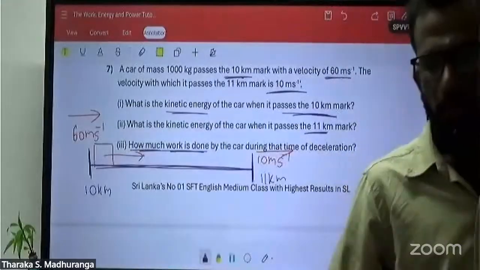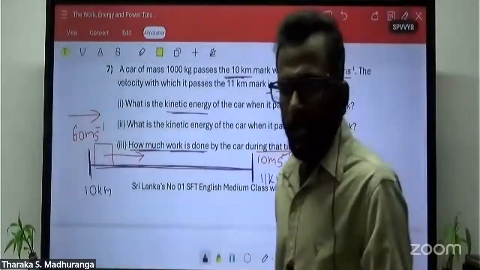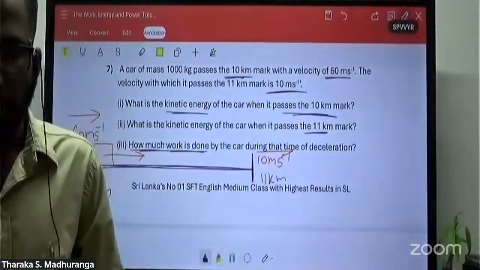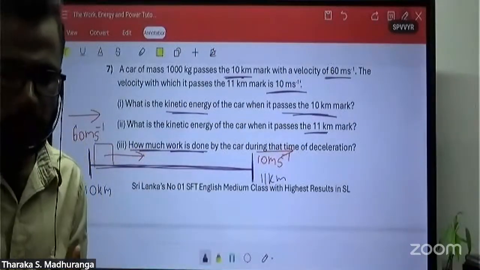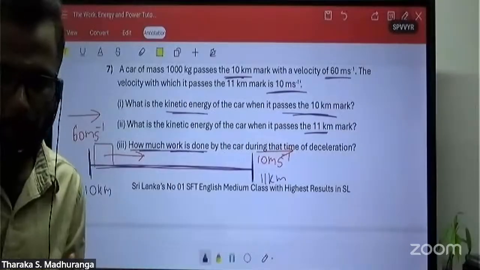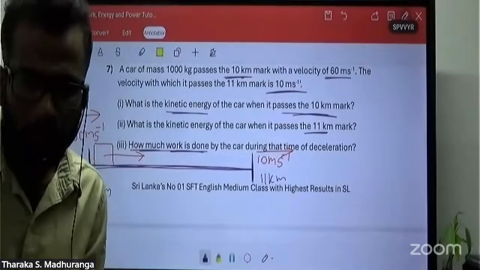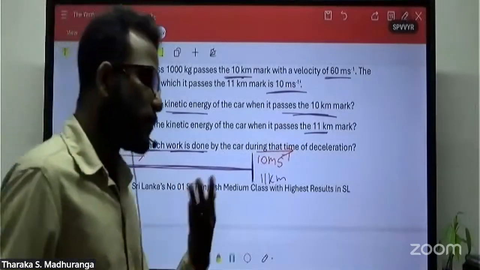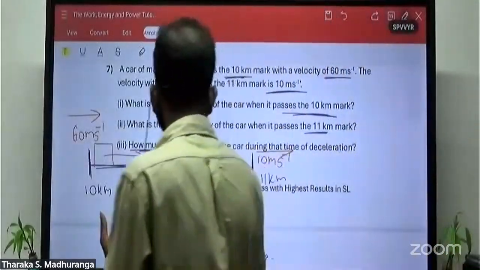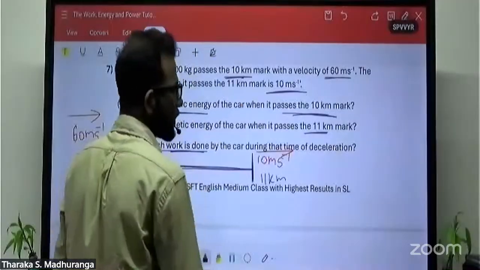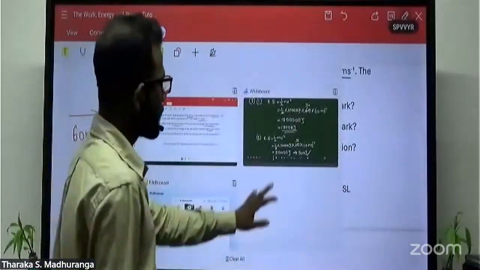Do you have any idea? Yes, the work done by the vehicle equals the kinetic energy loss. Actually, I explained, no?